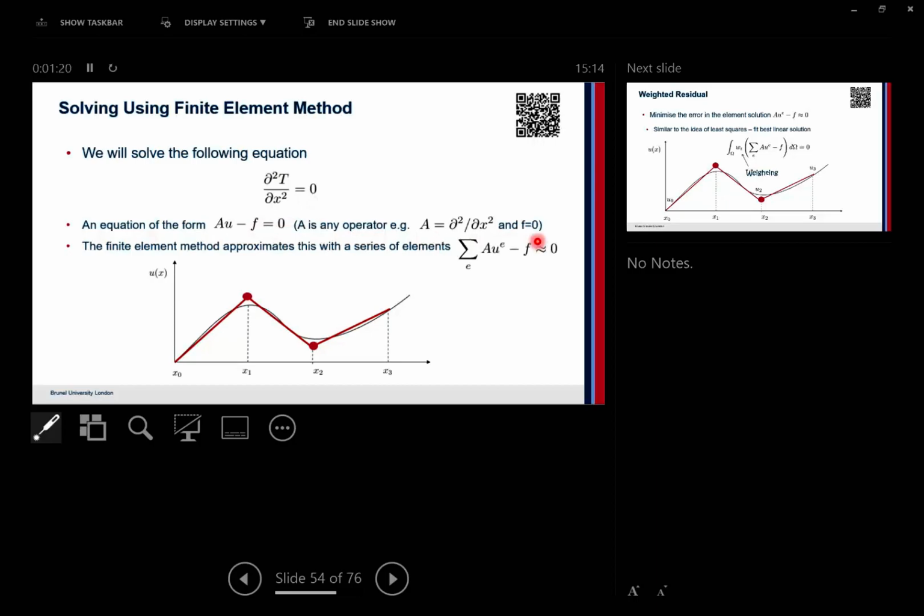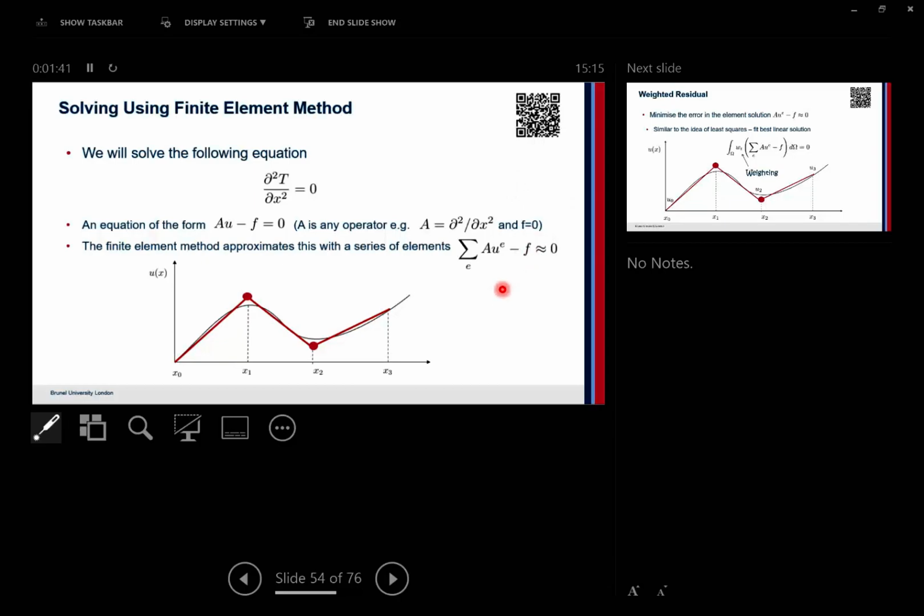So typically a general solution of some equation of the form AU minus F, this is a special case of that. Every equation we solve will be of the form AU minus F, and I'll keep coming back to that. But for the purpose of today, when you see A, you can just replace it in your head by this d2 dx squared operator, and F is just set to 0.